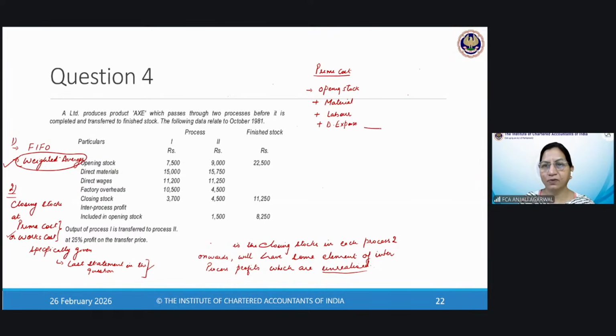Then you will take the total here. Then you subtract the closing stock because closing stock is valued at prime cost. So this is your prime cost.